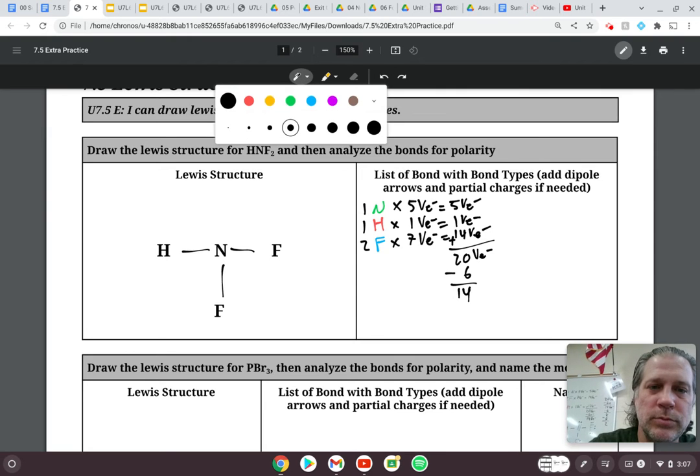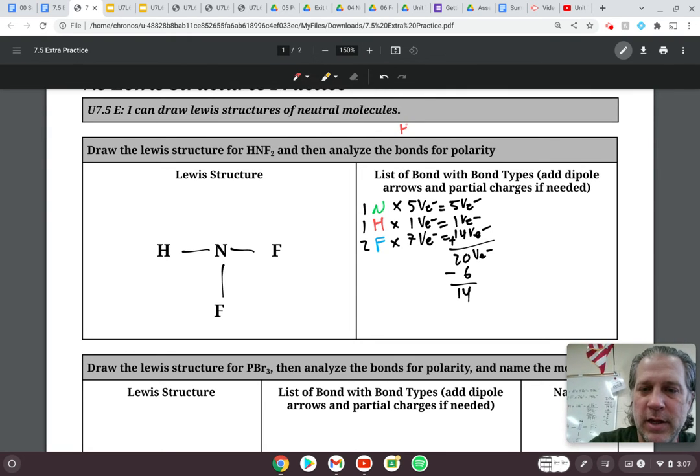Hydrogen can only have 2 electrons, so that bond is the 2 electrons that hydrogen can have. So I can't add any electrons to hydrogen, but I can add electrons to nitrogen and fluorine.